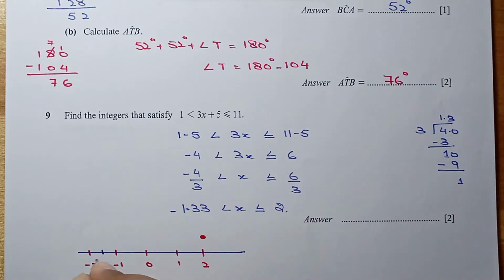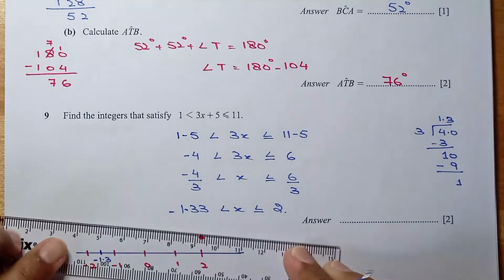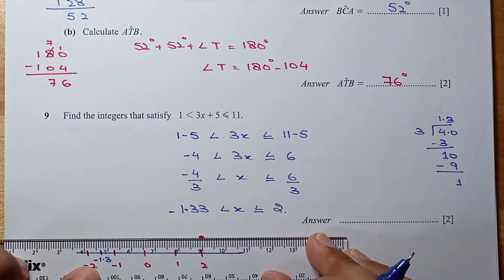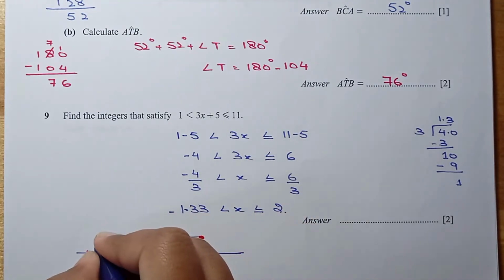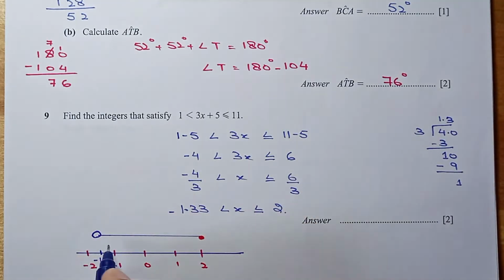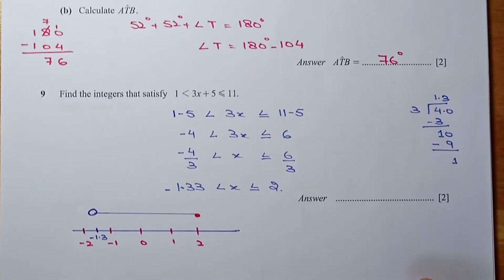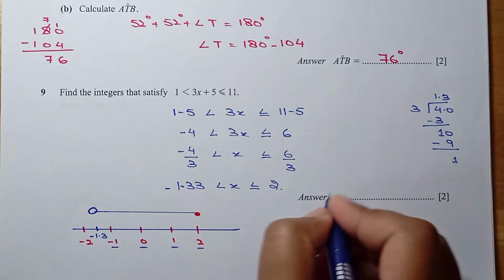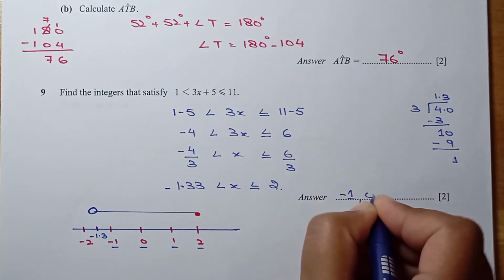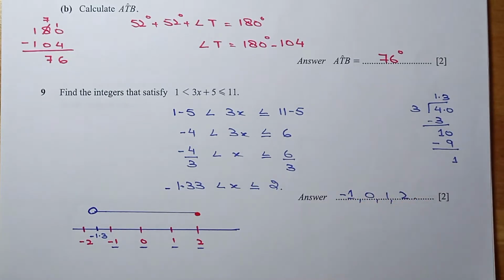Let's say negative 1.3 is over here. These are the numbers that satisfy the given inequality, and we have a circle over here because this is not included. So the integers satisfying this inequality are negative 1, 0, 1, and 2.